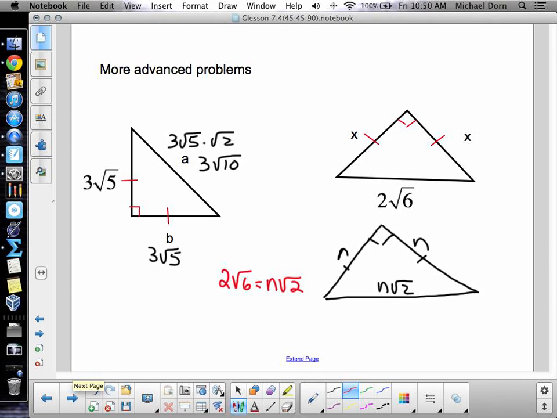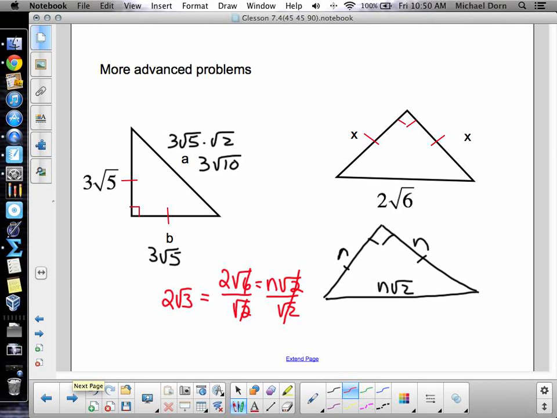How am I going to solve that equation? Divide by square root of 2. I want to get n by itself. Cancels. Square root of 6 over square root of 2 does reduce. That's 2 root 3. Even faster using the equation method that time.